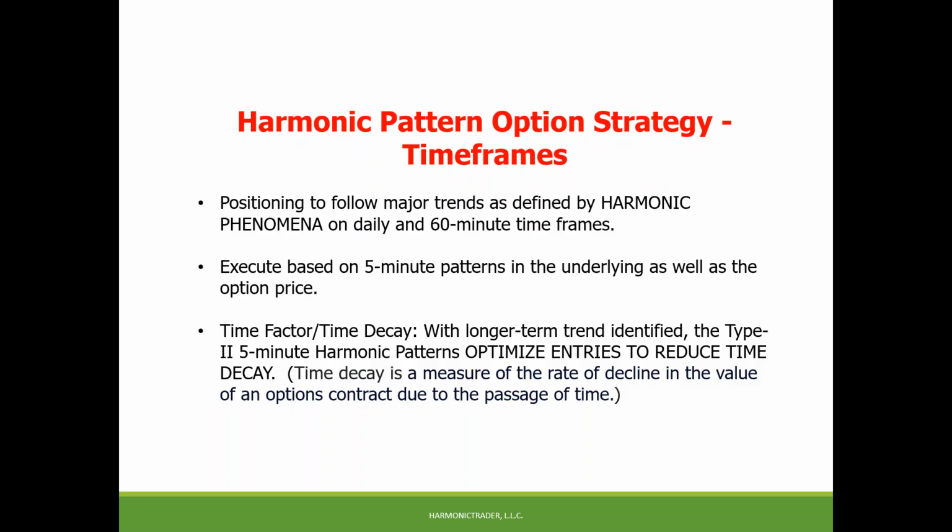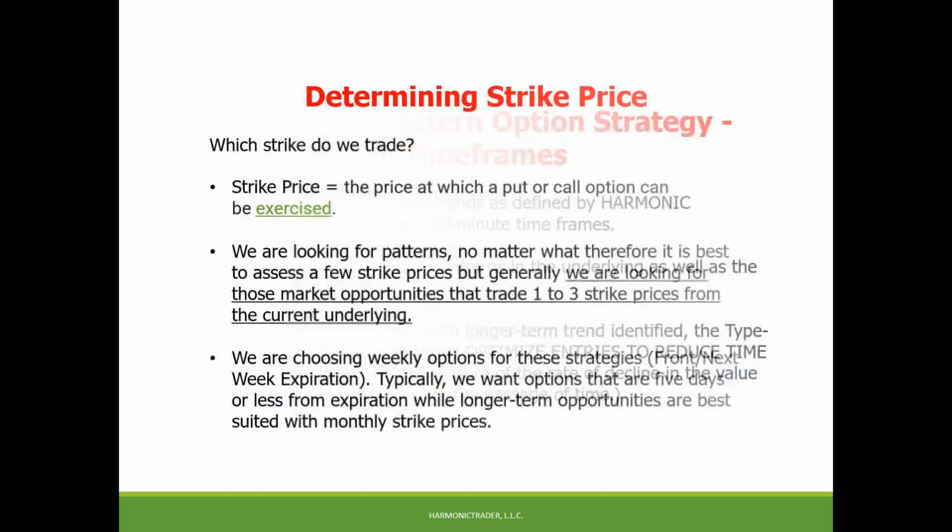The type 2 5-minute optimizes the overall move before we can expect that larger target 2. But the option contract tells us exactly where. That minimizes the rate of decline in the time value. It really is a killer. If you don't get it right in terms of price and time, you're going to pay.